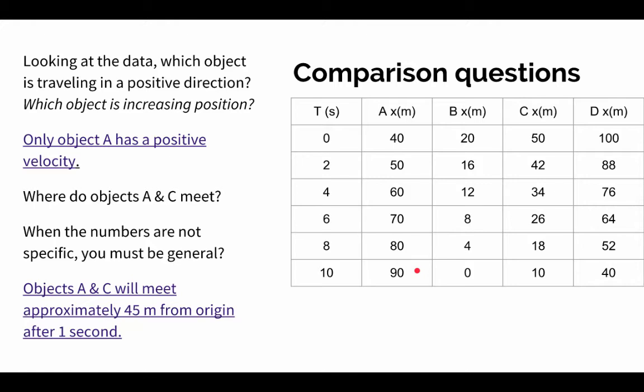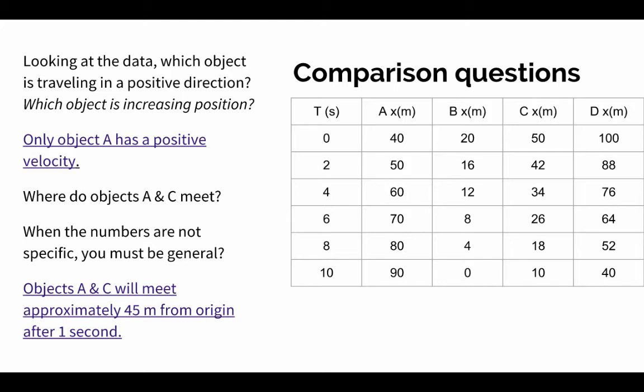If you were asked the question, where do objects A and C meet? Looking at objects A and C, notice where their numbers are the closest. It's right here between 1 and 2 seconds, or 0 and 2 seconds. So when the numbers are not exact, you have to be general.